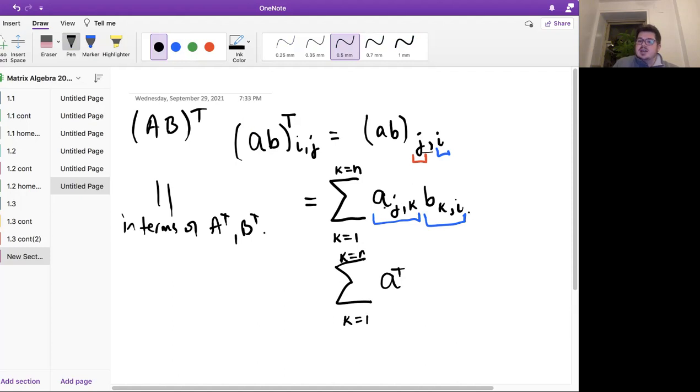Not KI, but KJ, because that's here. And B transpose, you would flip these and get IK. Everyone see that? So I'm identifying those entries JK as just the KJ entry of the transpose.